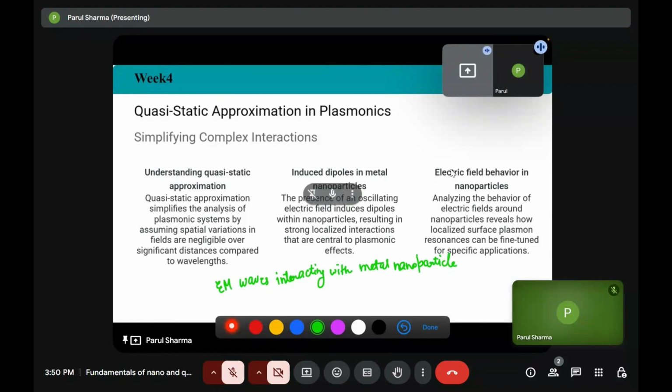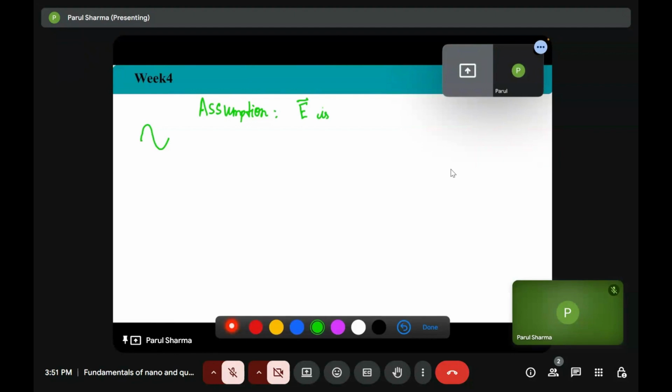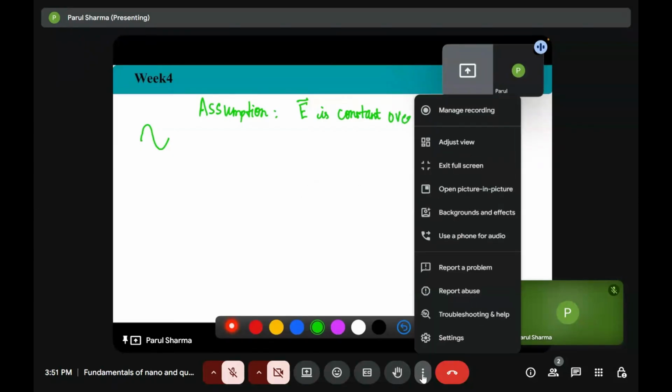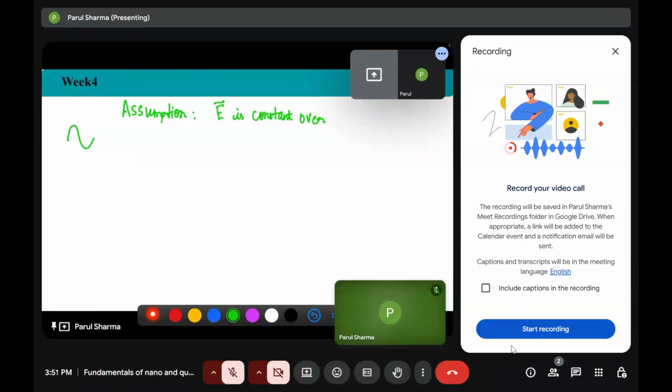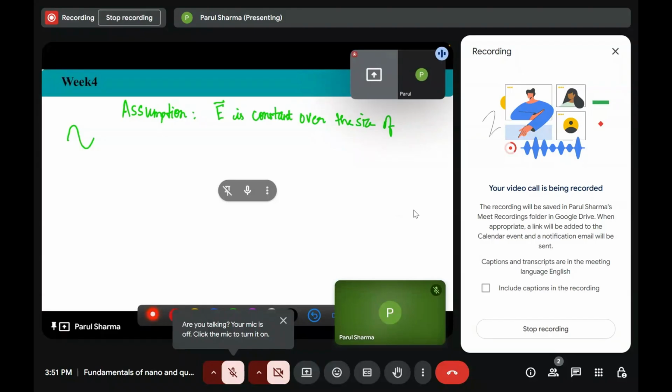So in this case, what will we assume? Suppose this is our electromagnetic wave, and this is our assumption, that we are considering the electric field is constant over the size of the nanoparticle.